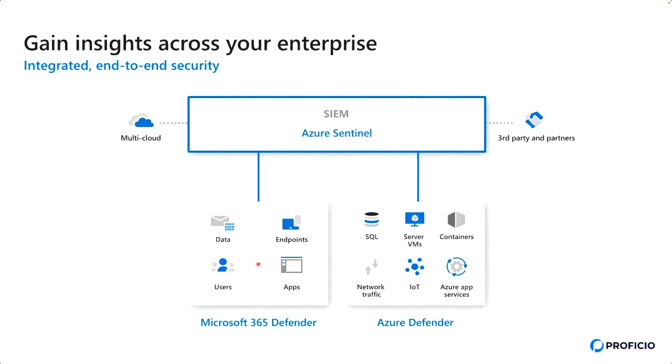So we have different Defender products. First of all, when we talk about threat protection, we have Microsoft 365 Defender, and just not to confuse the namings, it's all about protecting your data flow, like your SharePoint, Teams, emails, etc. But it's also about protecting your endpoints, regardless of the device type, whether it's a laptop, a server, or a mobile phone.